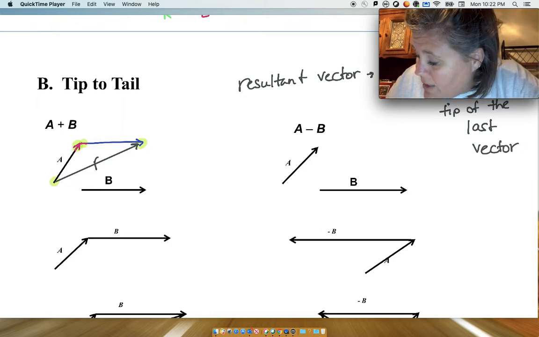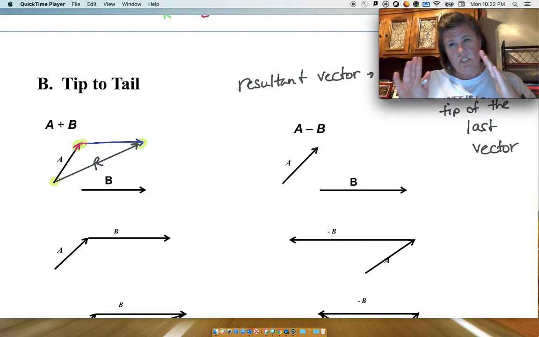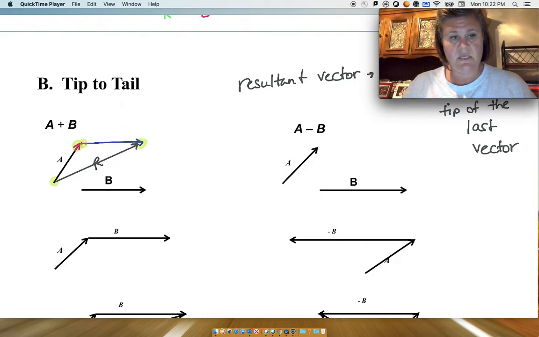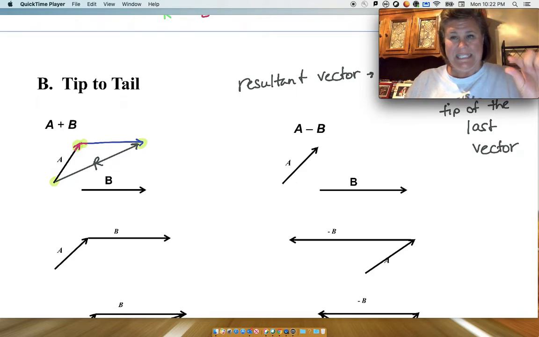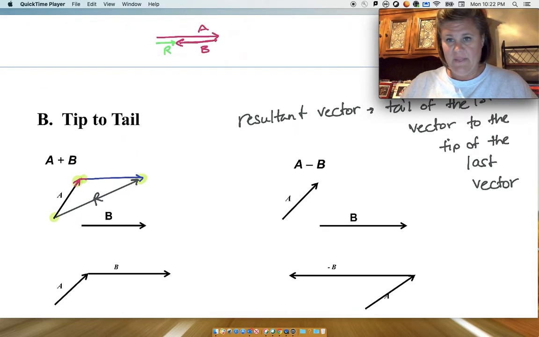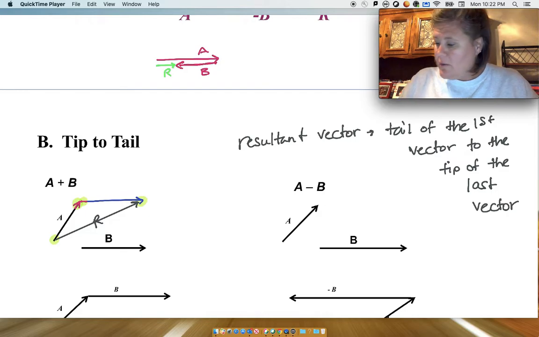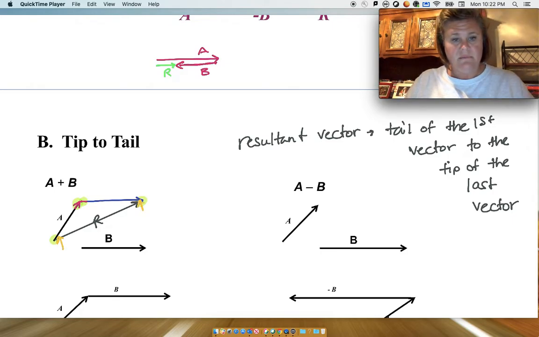And so this right here represents our resultant. And again, these vectors are in 2 different dimensions. So we're going to take the tip of A and attach the tail of B, adding those vectors tip to tail. And then here the resultant vector will go from the tail of A to the tip of B.